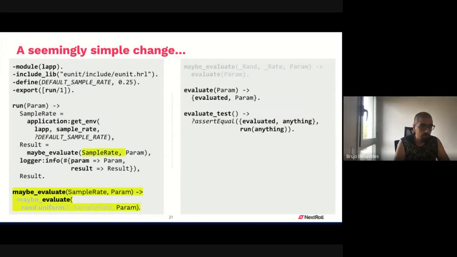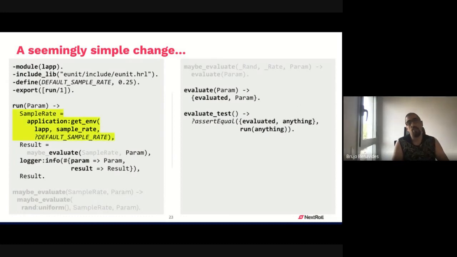So you can remove all these things and just evaluate on the initial code. That's fine, but then the compiler will tell you that you're not using sample rate. So since you're not using sample rate, you don't need to get it from the application environment, and you can just call evaluate.